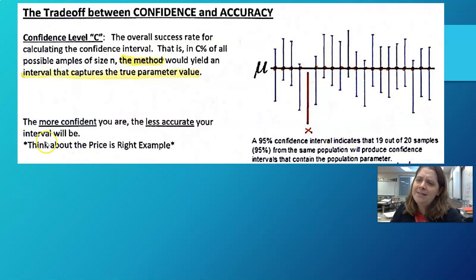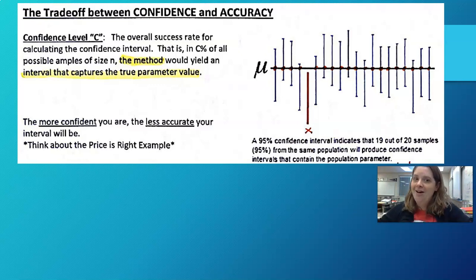Basically, what we can see here is that the more confident you are, the less accurate your interval is going to be. When I'm talking about accuracy, I'm talking about how close you are to what you were trying to do. Accuracy means a small margin of error, a very small window, as opposed to being correct.